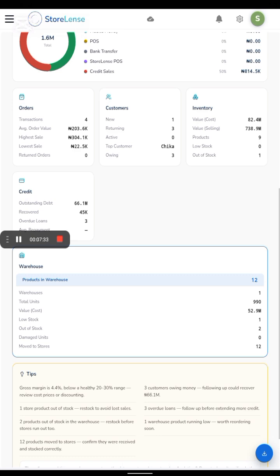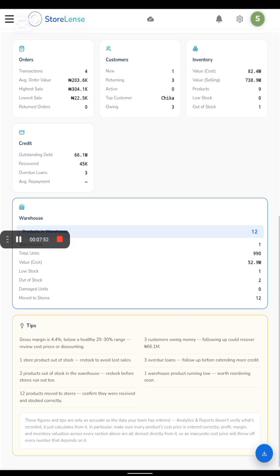In that warehouse, remember, we can have pure water, 700 bags, the other 100 bags. So it will accumulate all those things and tell you the total units of stock you have in your warehouse. The value cost, just like I explained before, how many of them are low on stock, how many of them are out of stock, the damaged, how many of them you have moved to your stores. All these things will be registered under your warehouse.